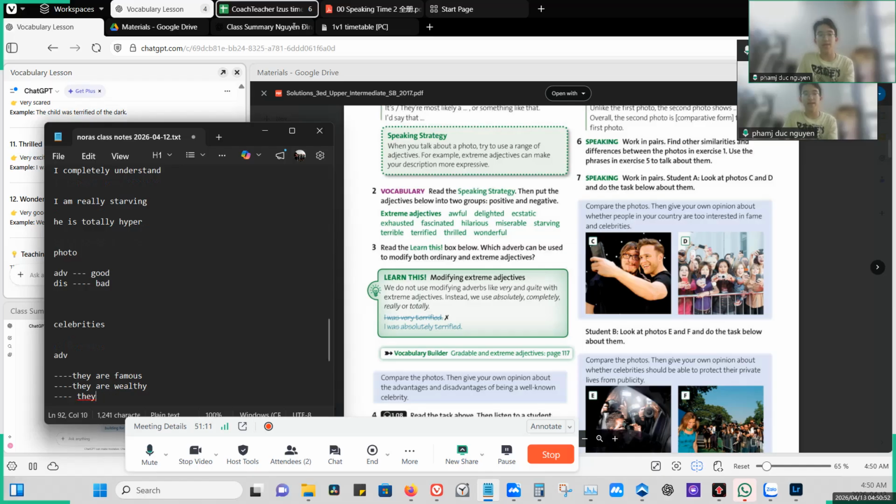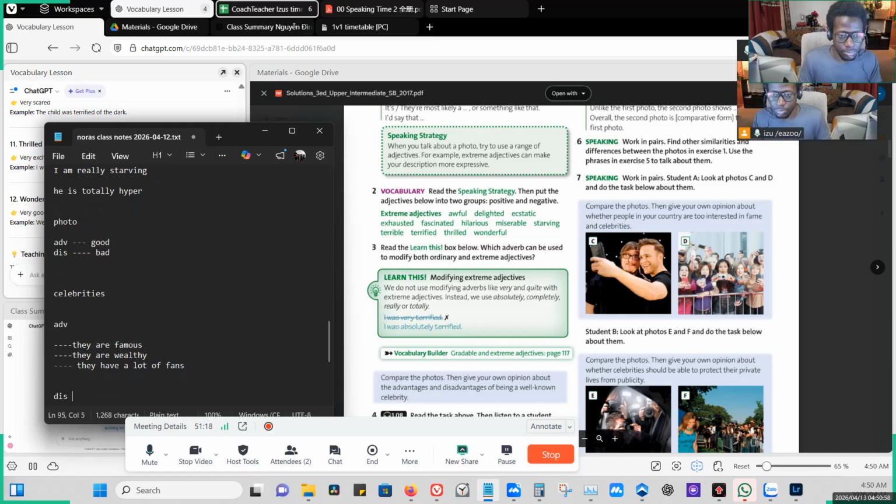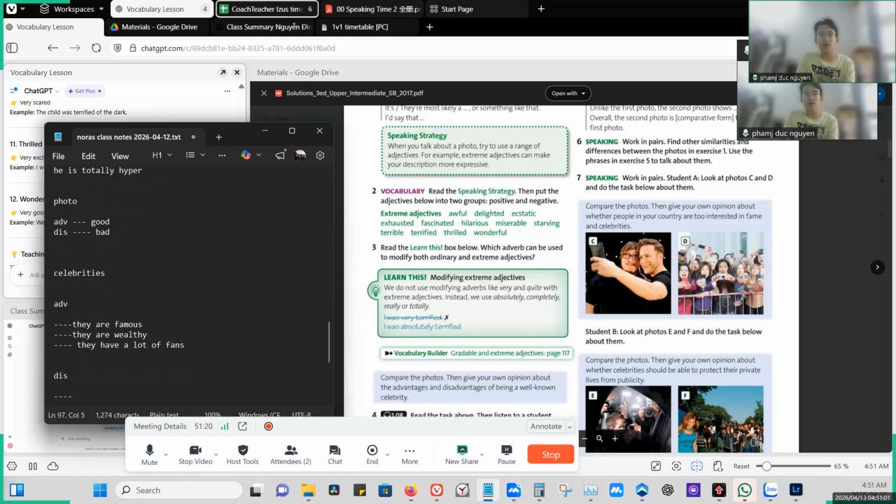But the disadvantage of popular celebrities is that some of their fans are, how to say, I think some of them are really a bit crazy. Not really crazy, but most of us cannot understand that.